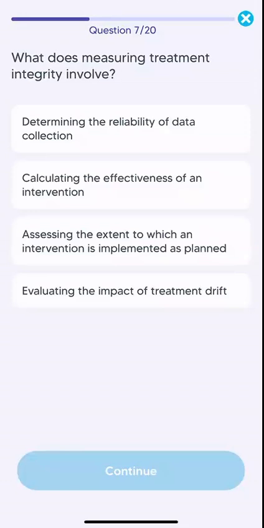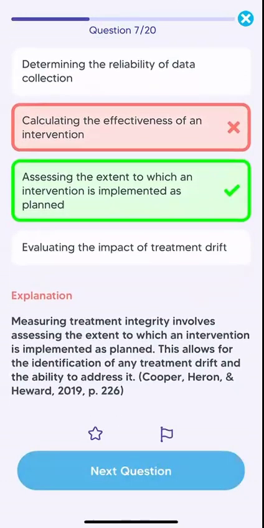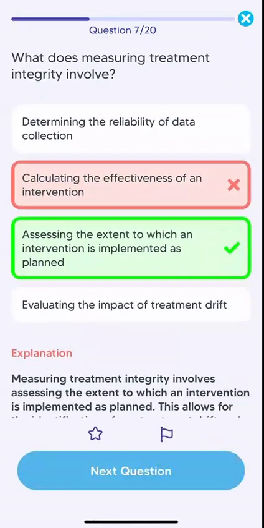Evaluating the impact of treatment drift. What do you feel? Well, I feel the second one, calculating the effectiveness of an intervention. Go with second because I'm not sure about this answer. No, I was right: assessing the extent to which an intervention is implemented as planned.